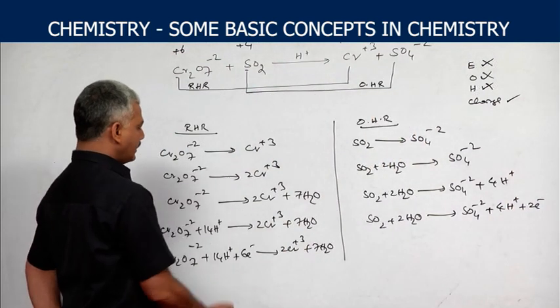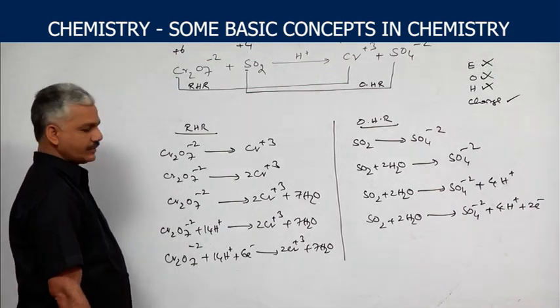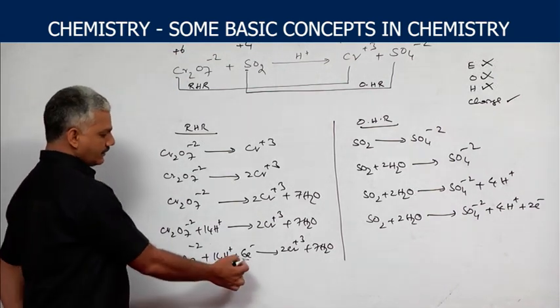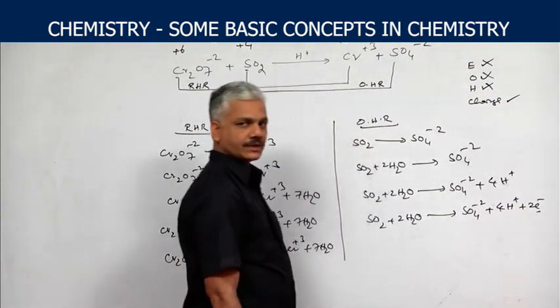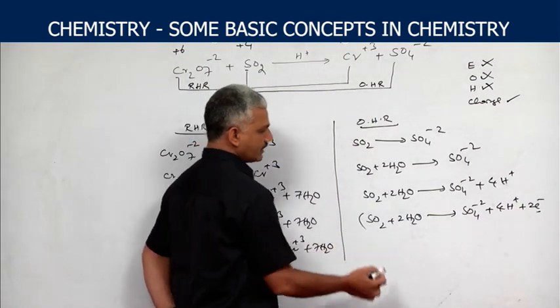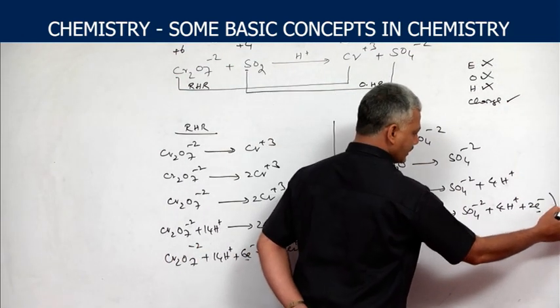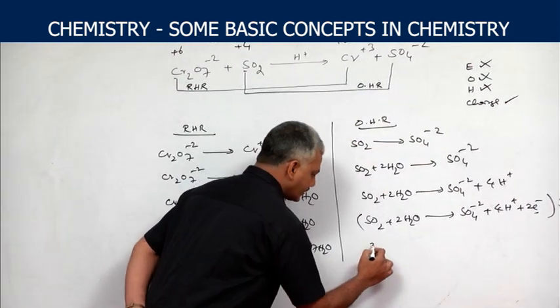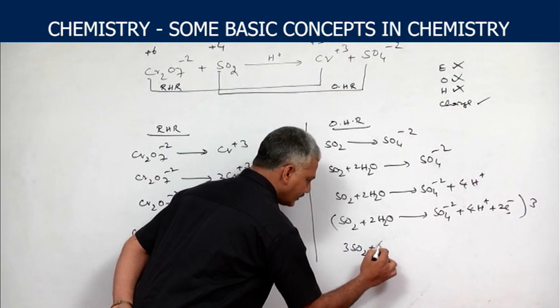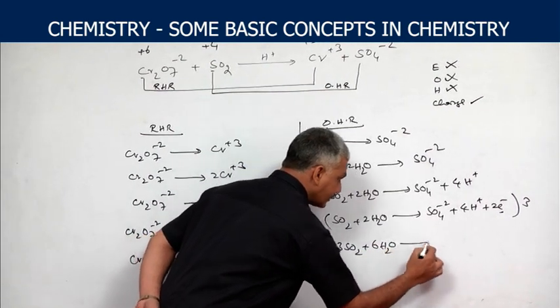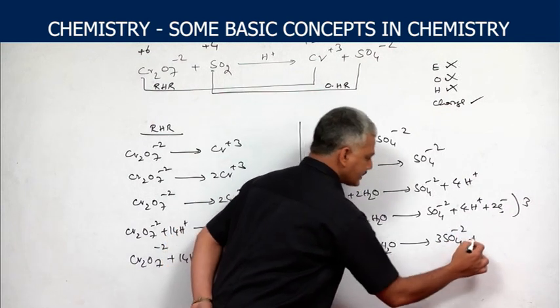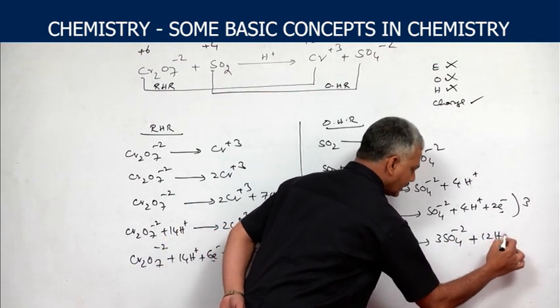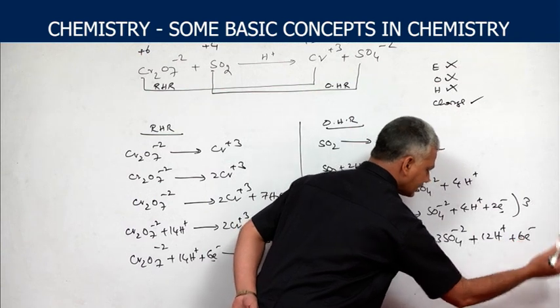Now, we have to add the 2 half reactions. Before adding, the number of electrons should be made equal in both the half reactions. For that purpose, multiply this entire equation by 3. It comes out to 3SO2 plus 6H2O gives 3SO4 2- plus 12H+ plus 6 electrons.